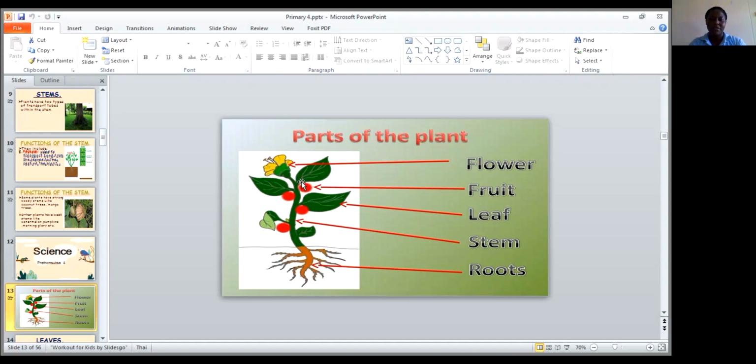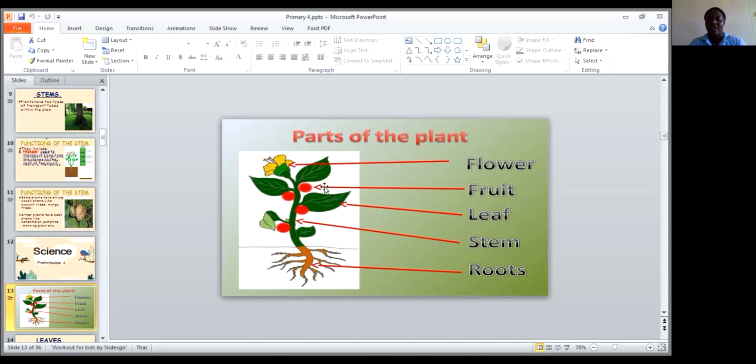There is a fruit. This is a leaf. This is a stem and these are roots. Flower, fruit, leaf, stem.